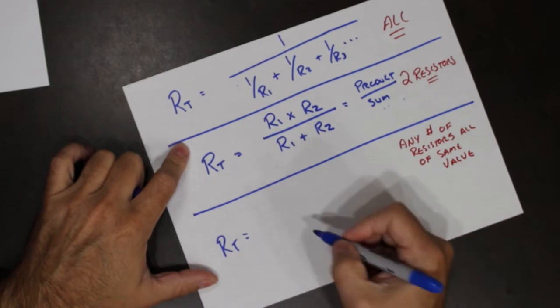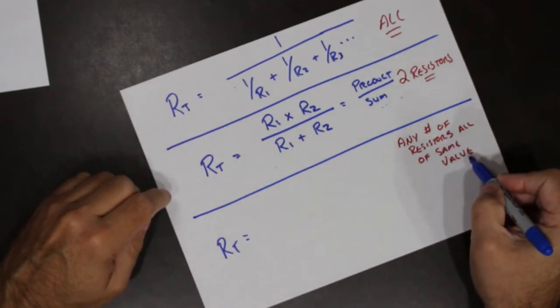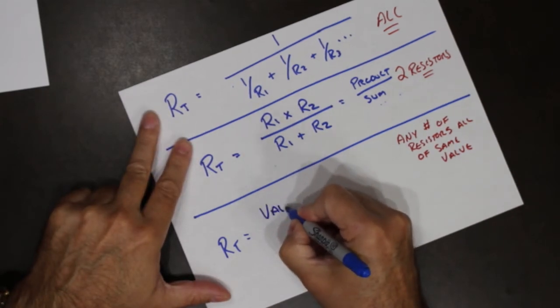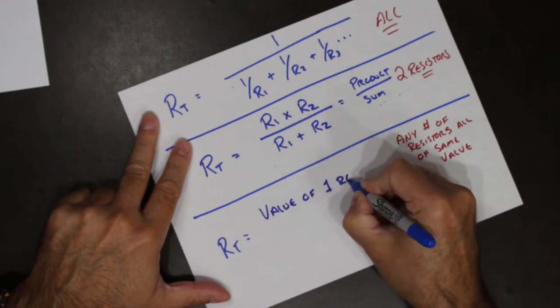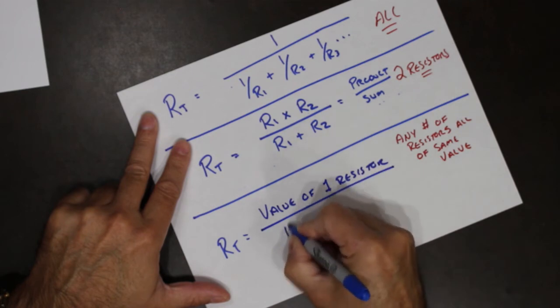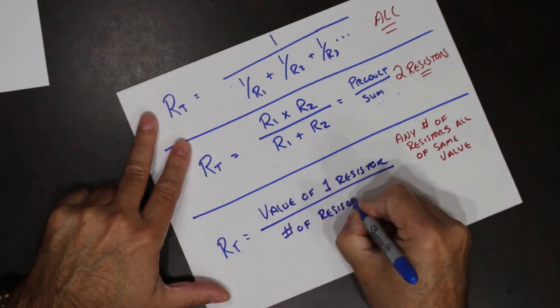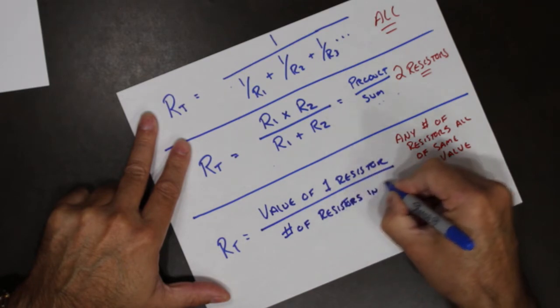So, shortcut formula: any number of resistors as long as they're of the same value. Our total is you take the value of one resistor and you divide it by the number of resistors in parallel.